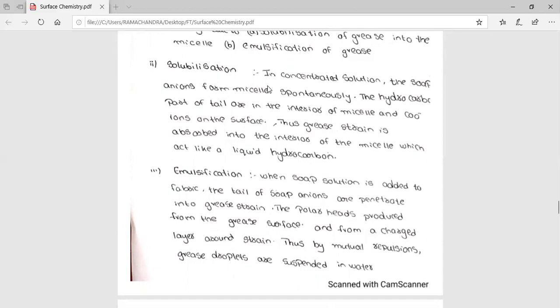In concentrated solution, the soap anions form micelles spontaneously. The hydrocarbon part of the tail is in the interior of the micelle and the COO minus ions are on the surface. Thus the grease stain is absorbed into the interior of the micelle, which acts like a liquid hydrocarbon.